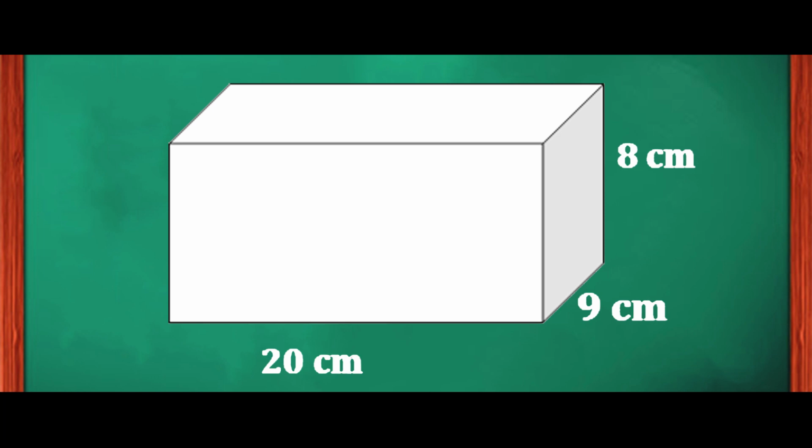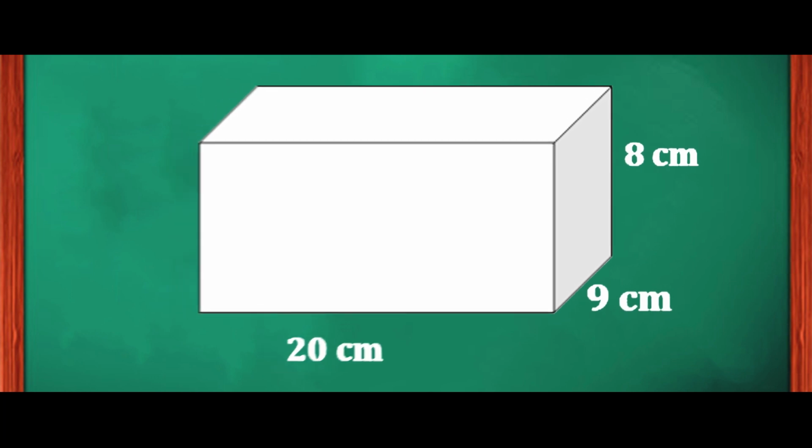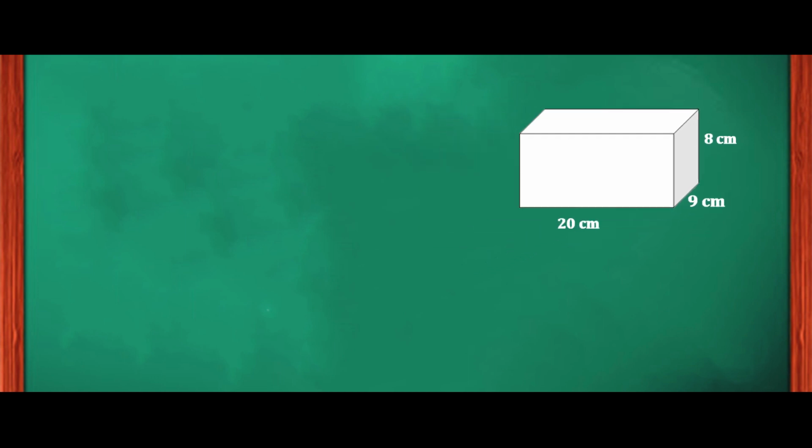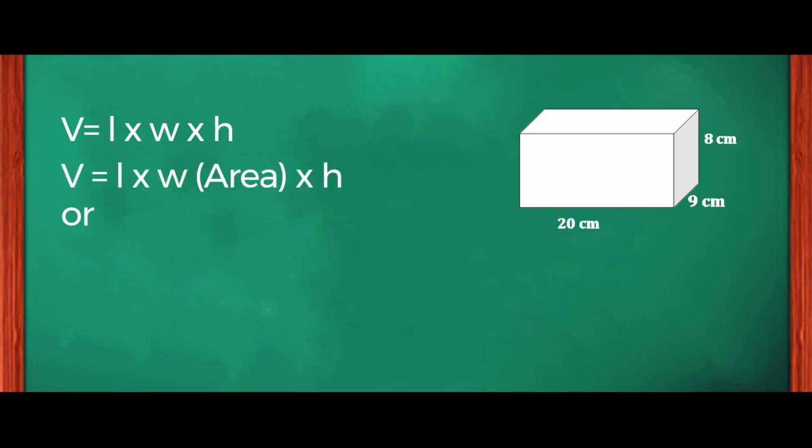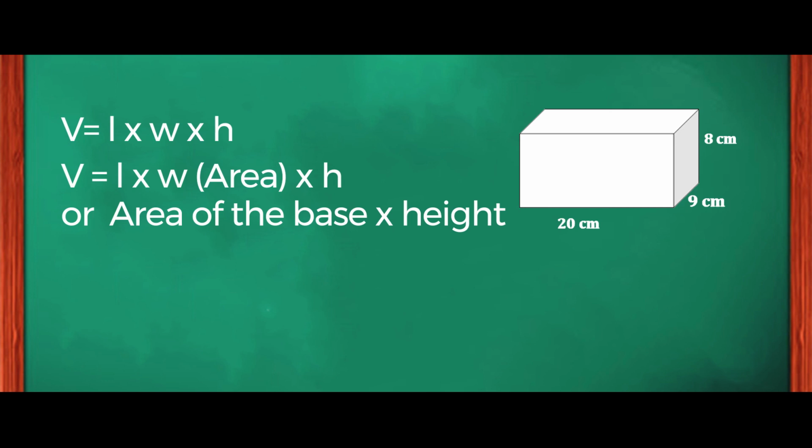Let's take a prism. Here the prism has length 20 centimeter, breadth or the width 9 centimeter, and height 8 centimeter. Now let's calculate the volume of this prism. Volume is equal to length multiplied by width multiplied by height. So volume is equal to area of the base times height. Let's look at the base of the prism.